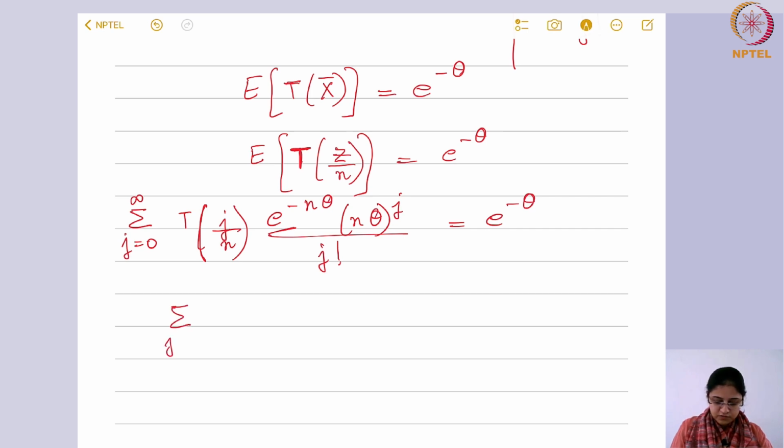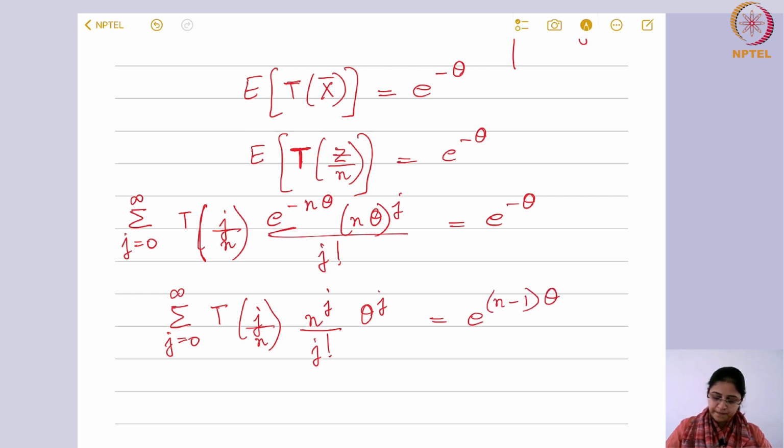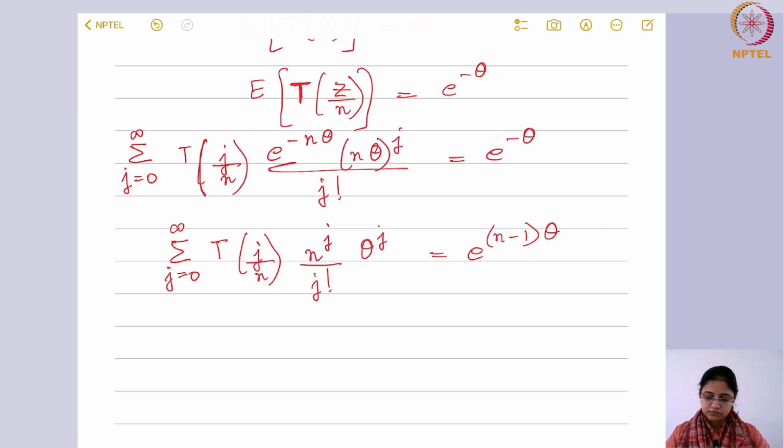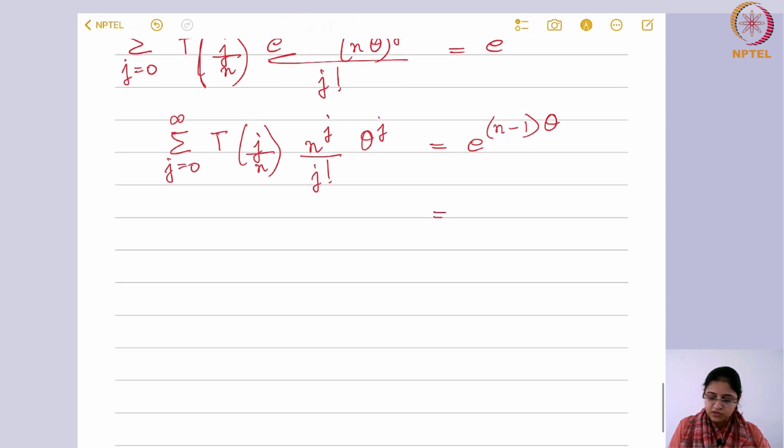So what you are left with is summation j from 0 to infinity, t of j over n, n to the power j over j factorial, theta to power j, and on the right hand side it would be e to the power n minus 1 times theta. Again, you know that the expansion for this is the same as summation j equal to 0 to infinity, n minus 1 to the power j, theta raised to power j over j factorial, for every theta greater than 0, right?